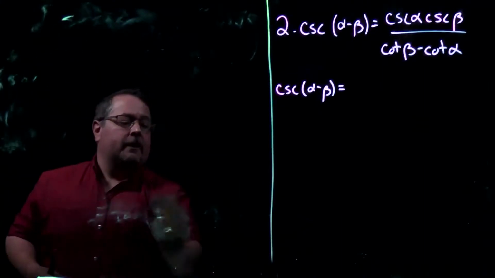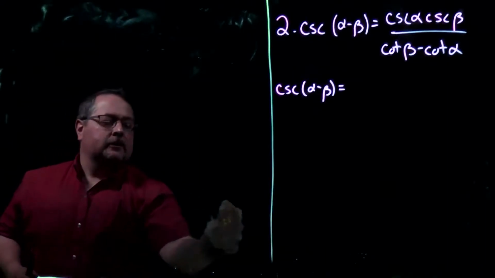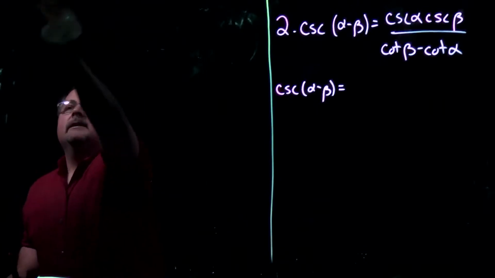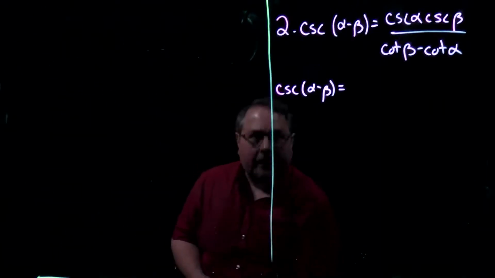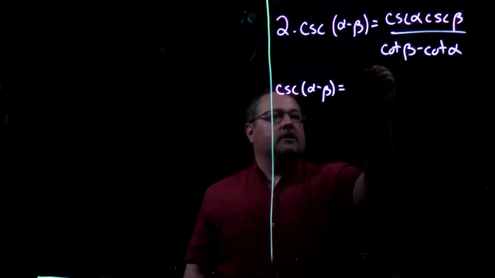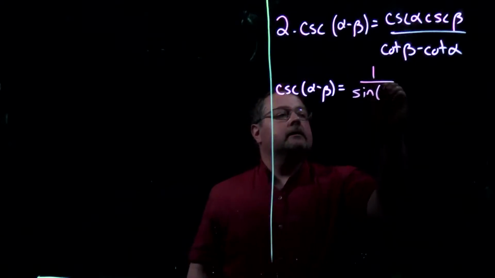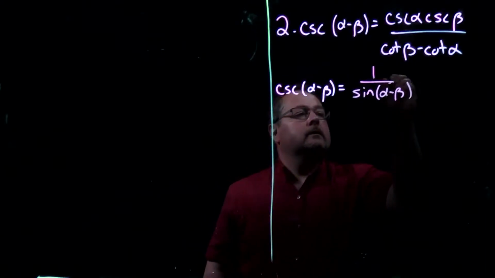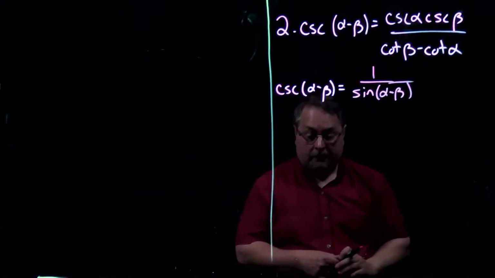We have the cosecant of alpha minus beta. We don't have a sum or difference formula for cosecant, but we can start out by using a reciprocal identity and say cosecant of alpha minus beta is 1 over the sine of alpha minus beta. And we certainly have a difference formula for sine.